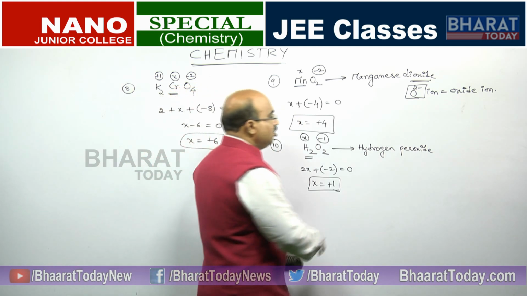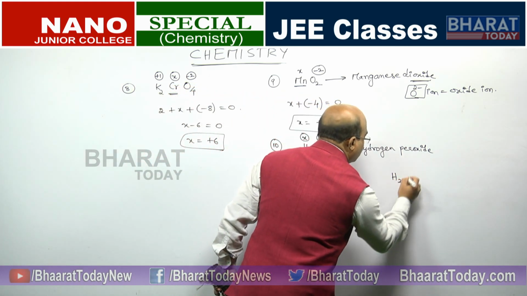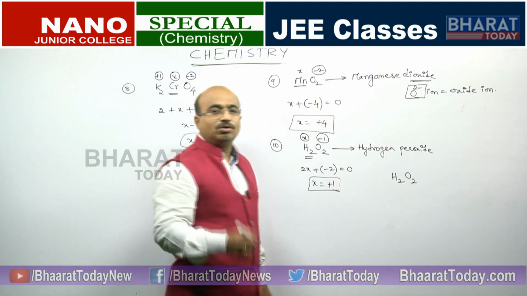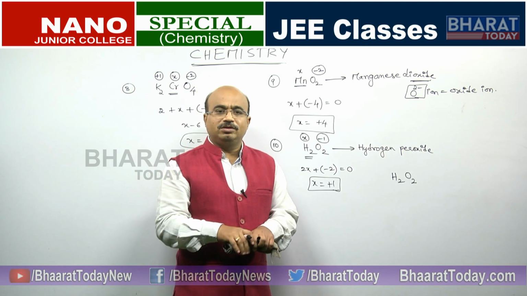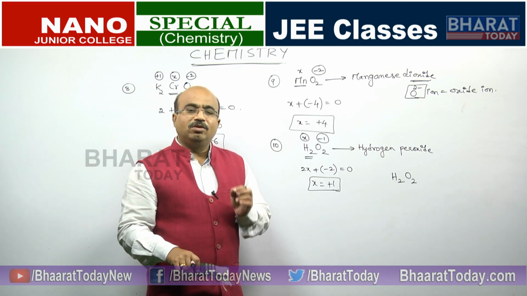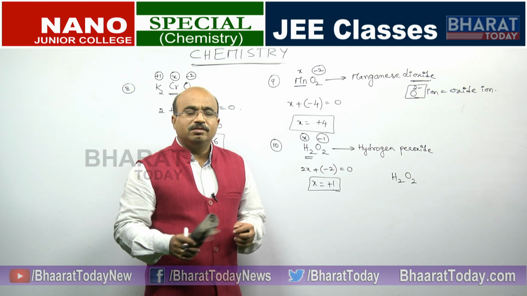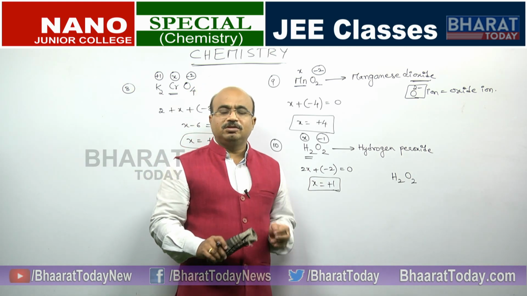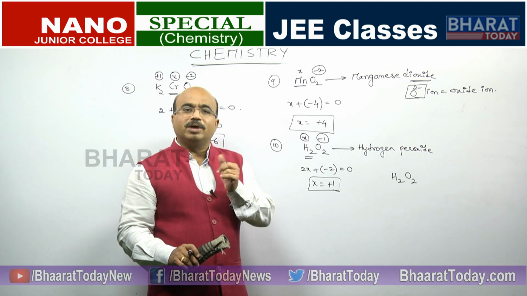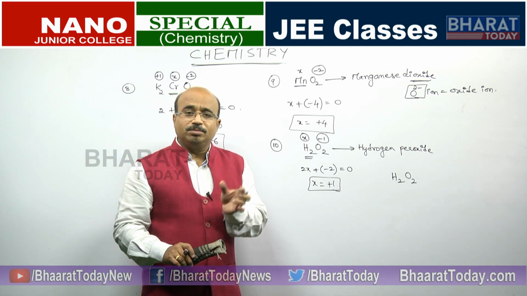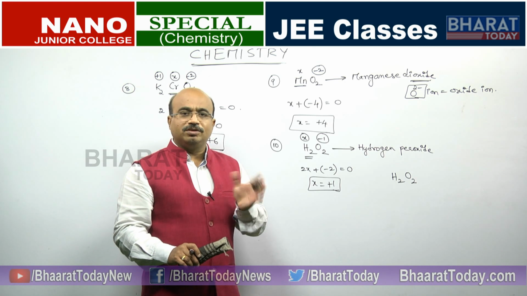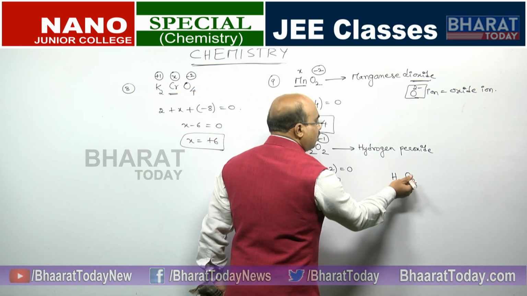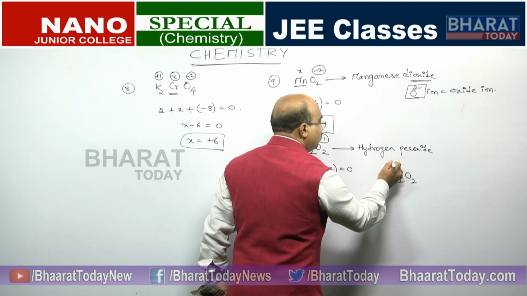I do not know that it is hydrogen peroxide, so I cannot take oxygen, but we have a rule for hydrogen already. What is the rule? Hydrogen is +1 when bonded with any other elements, but only with metals it is -1. Here it is with oxygen, not a metal, so it should be +1.